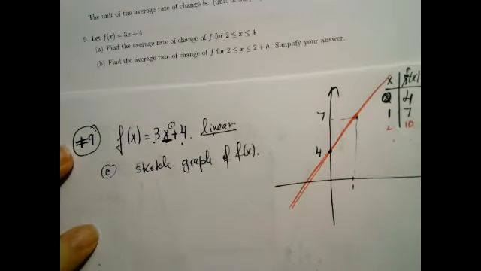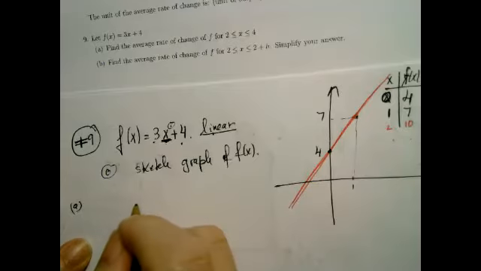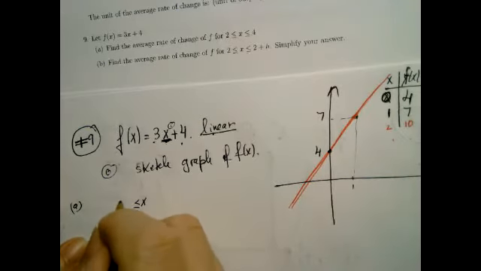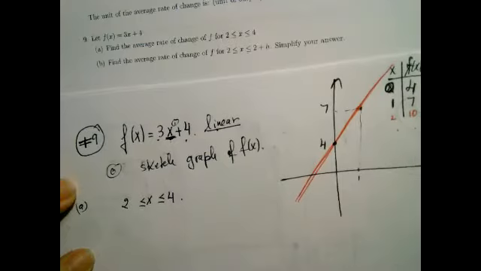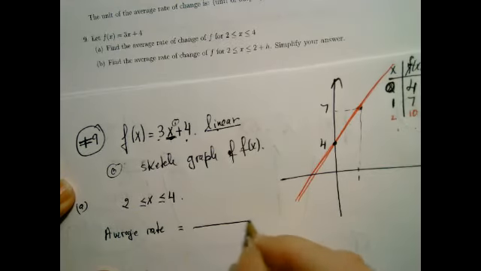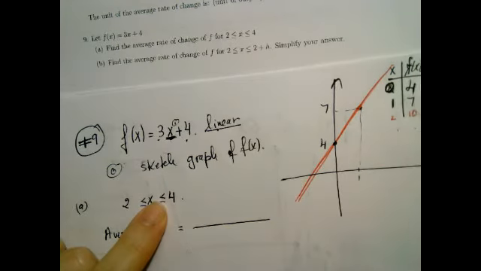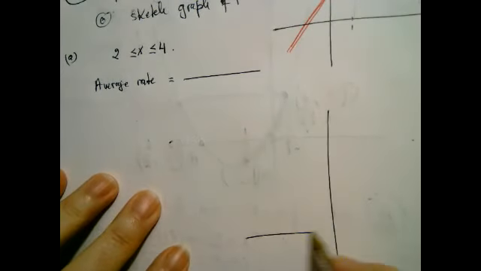Okay, so now the question is the following. Find the average rate of change for x between 2 and 4. What's the average rate of change? And is the answer going to be surprising? It's verbatim. I graph again, so you guys see it.